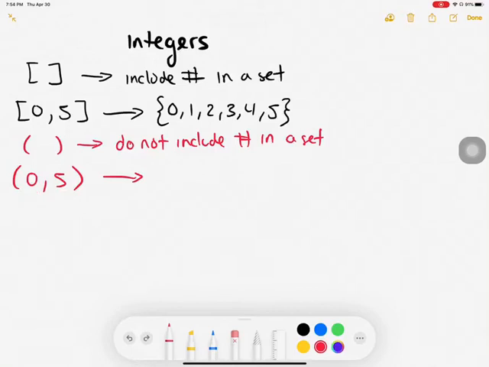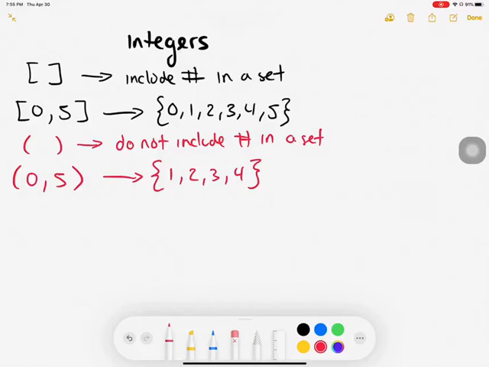They're not part of the set. So if I'm talking about integers, the first integer that goes after 0 is going to be 1. So that's the first number that belongs to the set. 2, 3, and 4. I'm not going to include 5 like in the previous example because I have parentheses on 0, and I have parentheses on 5.